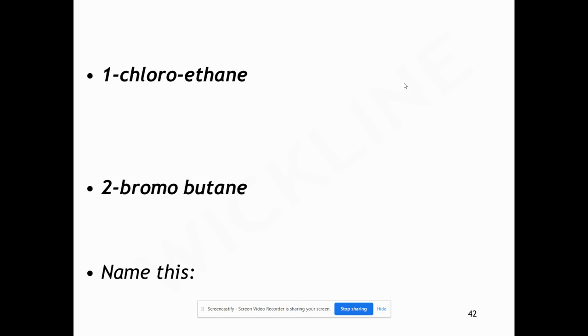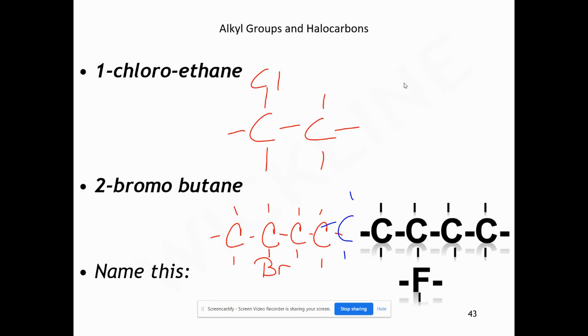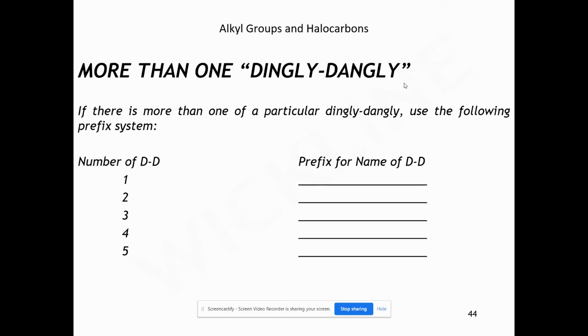So if you had 1-chloroethane, you would draw an ethane and then add a chloro to it. If you had 2-bromobutane, then this one here would be 2-fluorobutane.